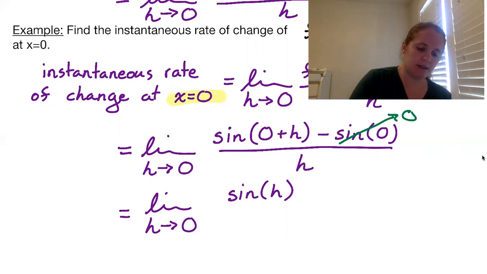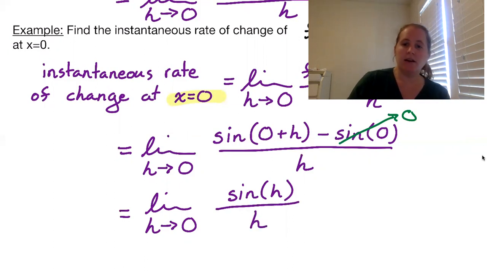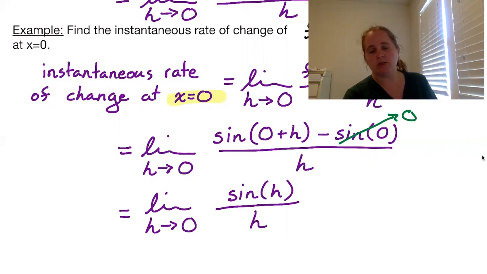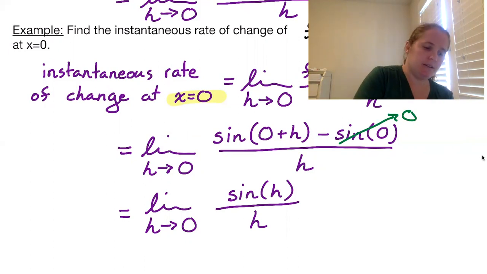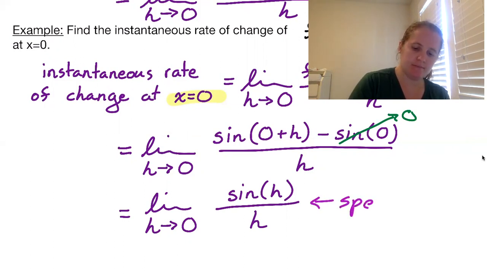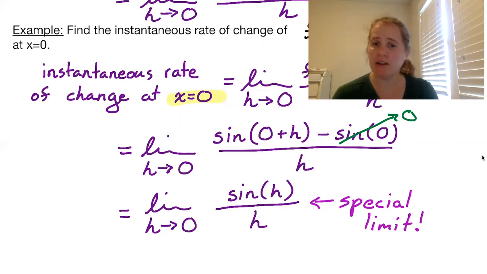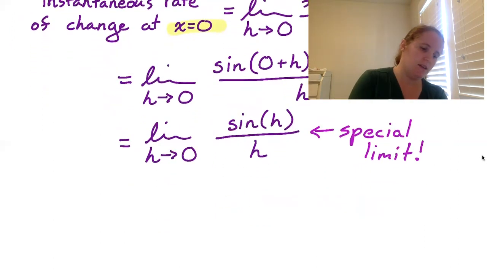And we simply have sine h over h. Now, does this limit look familiar? The limit as h goes to 0 of sine h over h. This limit is, in fact, one of our special limits. We're used to seeing it with x instead of h, but it's the same thing. This is actually simply 1.